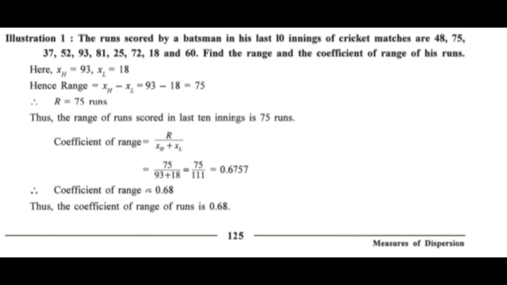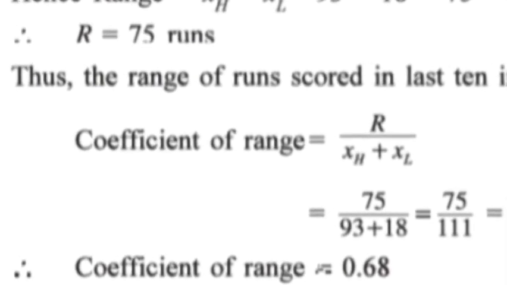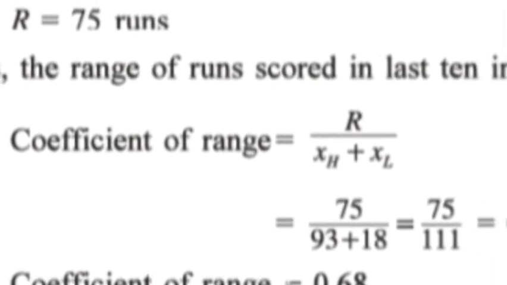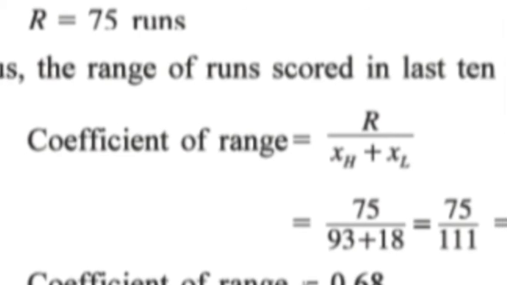So again, first of all, we will concentrate on finding out the range. For range, we need the highest observation and the lowest observation. Why? Because we have seen the formula: range is the highest observation minus the lowest observation, that is, capital R is equal to XH minus XL.